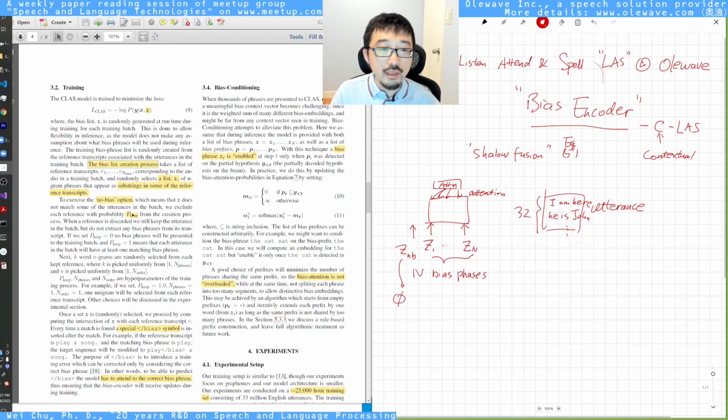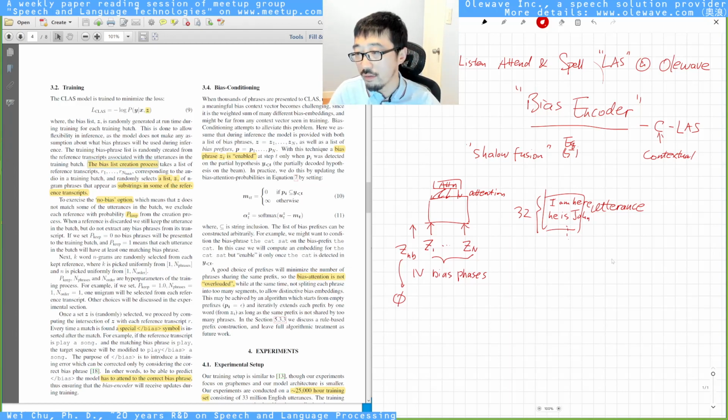They set the p keep to usually be 0.5, which means half of the utterances are discarded first. Discard 50% of the utterances. Then you have only 16 utterances left, right?